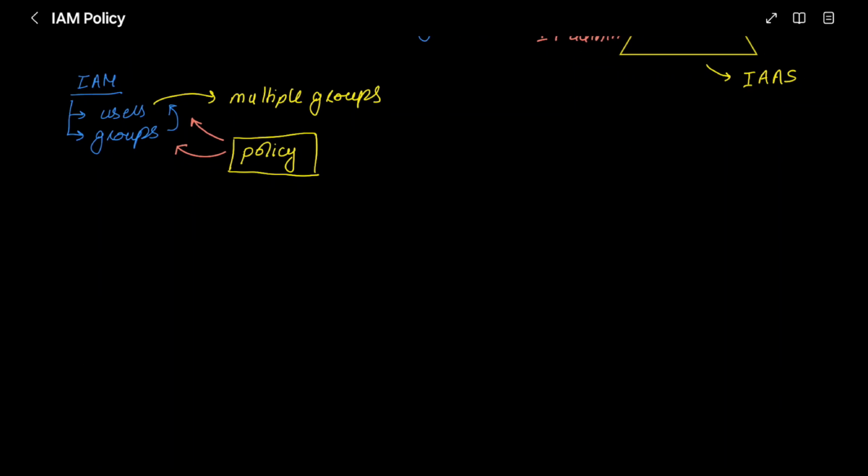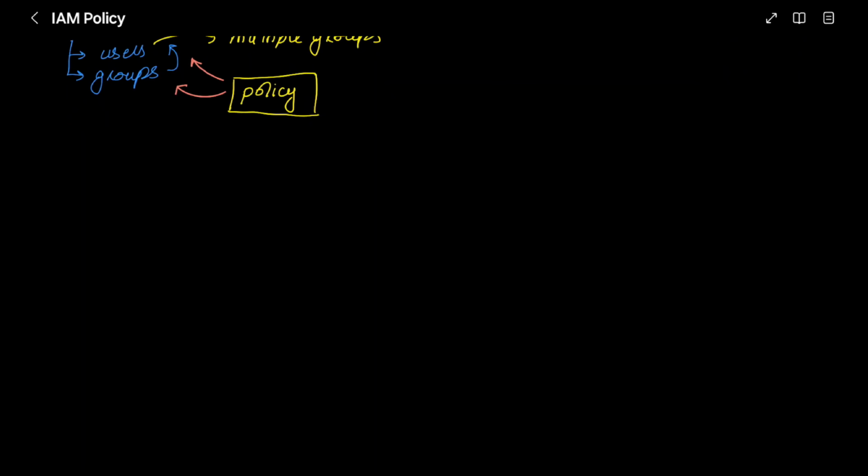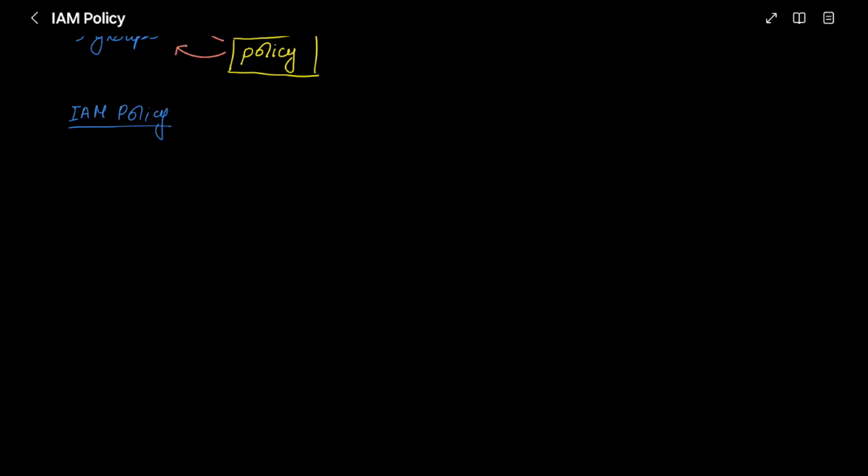Let's talk a bit about what a policy looks like, because we'll be dealing with IAM policies a lot, at every layer and with every AWS service. So let me put down a heading: IAM policy. And the structure of it is something like this.